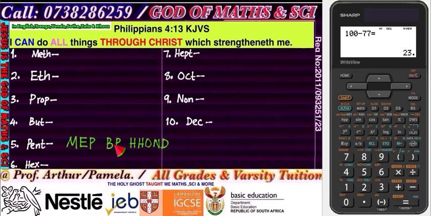People have honey on noonday. With myself, I call it MAP BP HOND. In my mind, when I say map, I'm actually thinking of the actual map, the map of the world. When I say BP, I am thinking of BP garage.